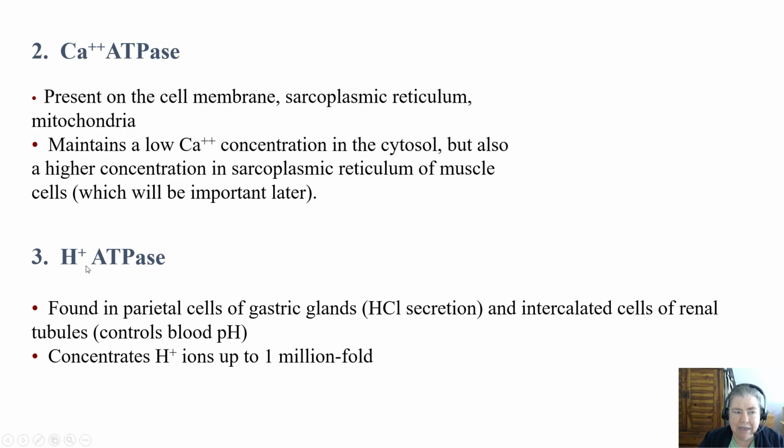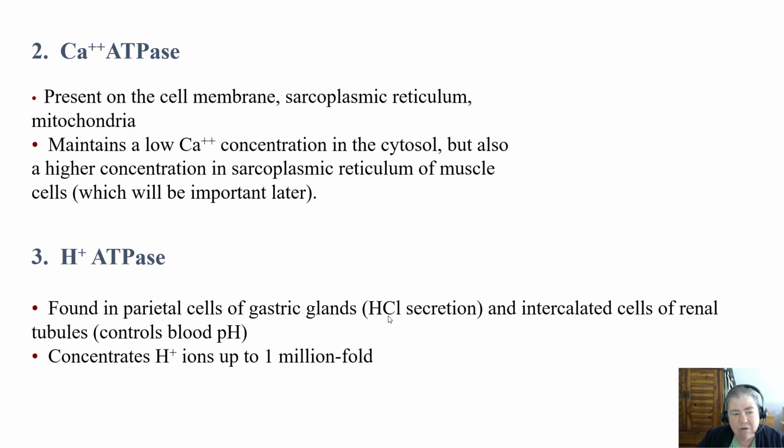There is a hydrogen ion ATPase, and it's found notably in the parietal cells of the gastric glands, which is how we make a hydrochloric acid solution in the stomach as one of the early steps in digestion. It's also found in cells of the renal tubules called intercalated cells that help us to control the pH of blood through feedback loops, as I mentioned earlier.